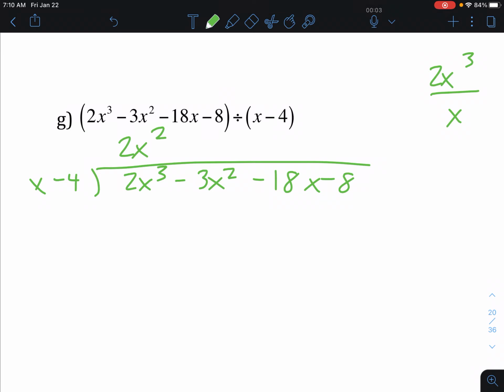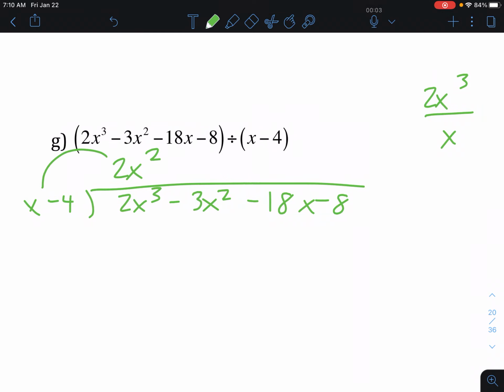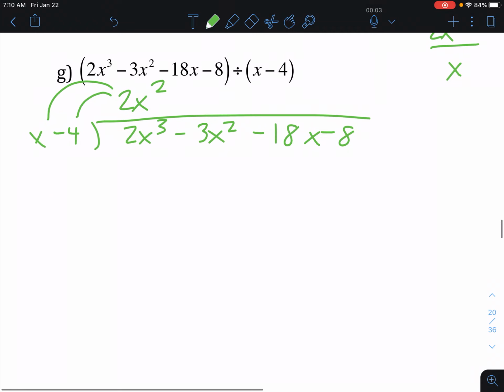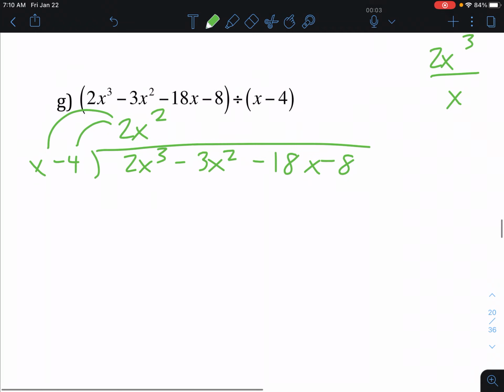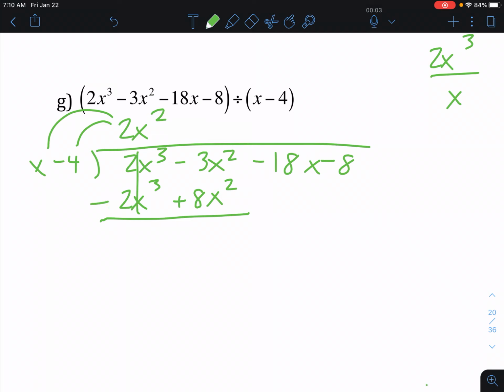And then multiply our 2 times. That'll be 2x times x, 2x squared times x. And then negative 4 times 2x squared. And then subtract to change the signs. These make 5x. Bring down your next term.